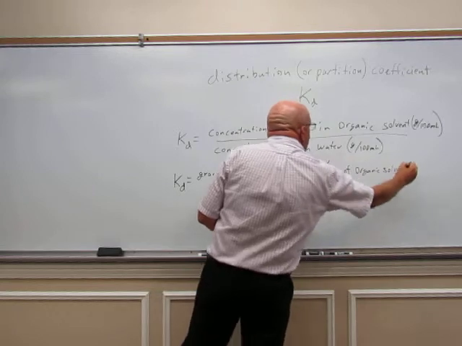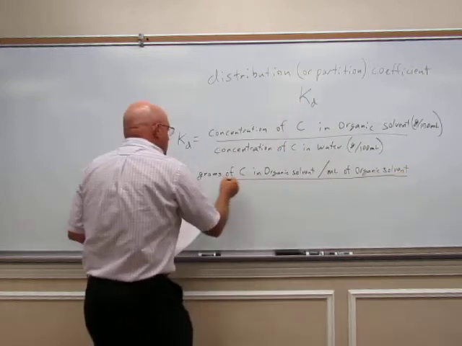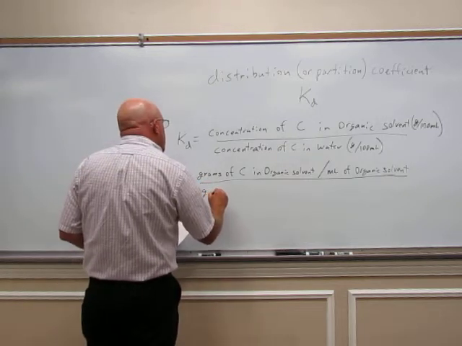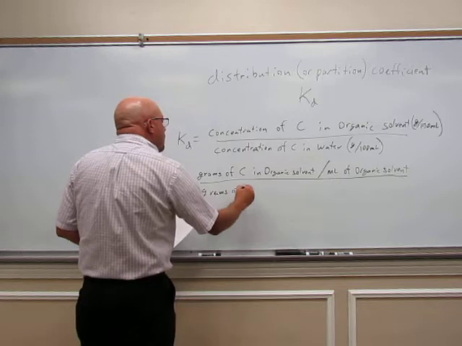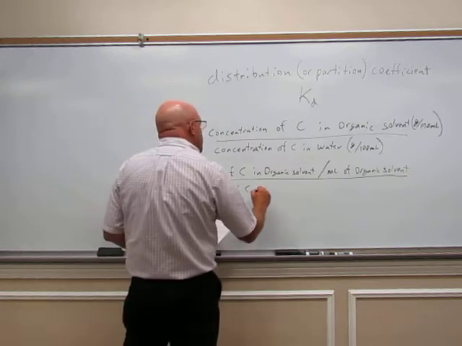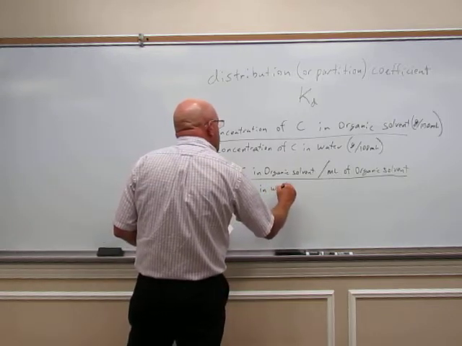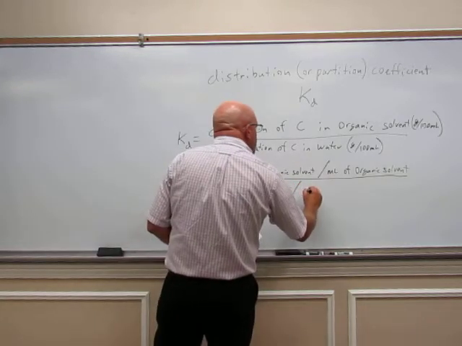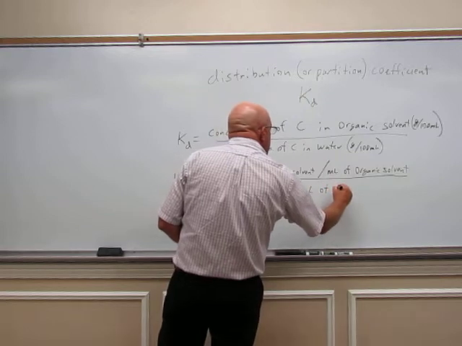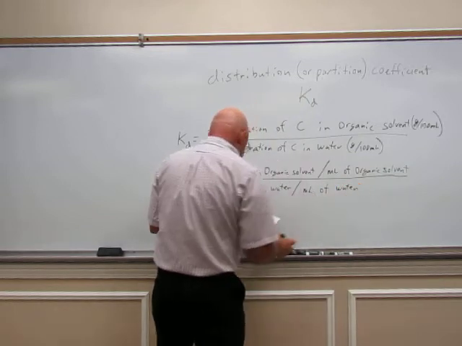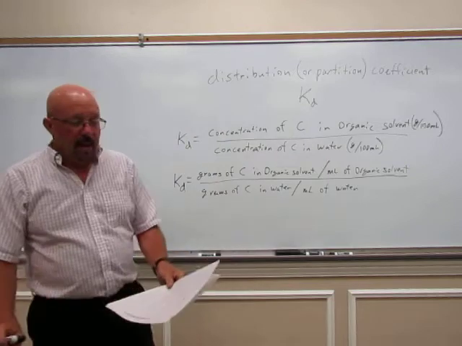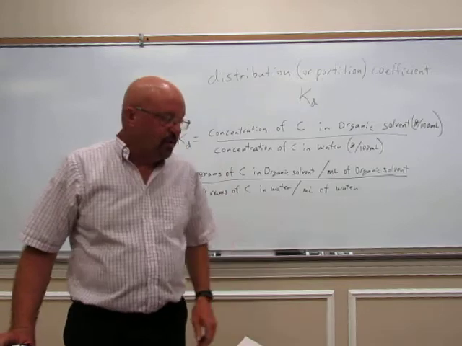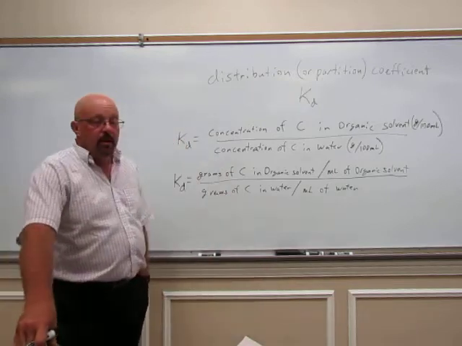Again, our organic solvent this week is dichloromethane. And this is all over grams of C in the water layer divided by the milliliters of water. Okay, so that's our equation for the calculation of the distribution coefficient this week.